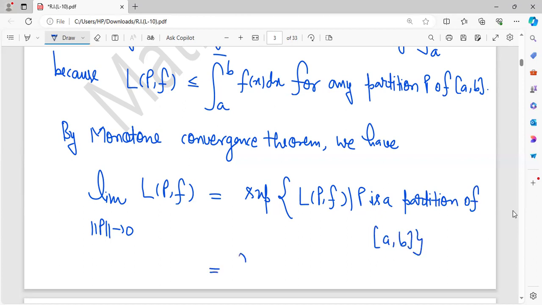But this is nothing but the lower integral.